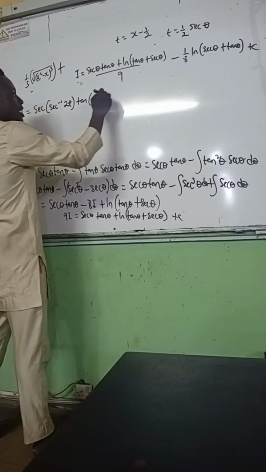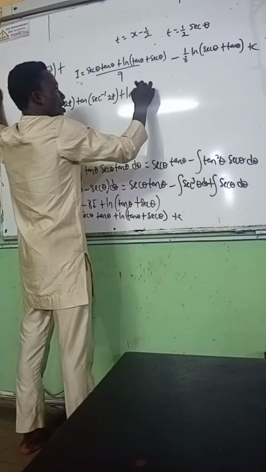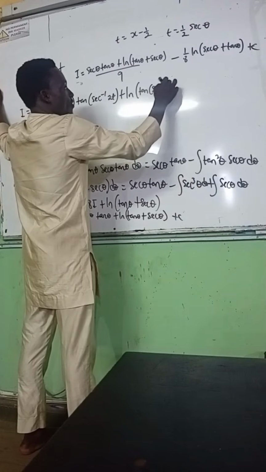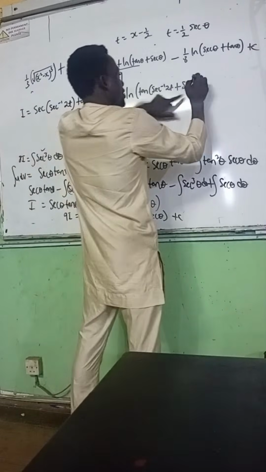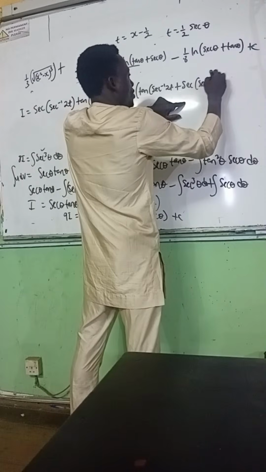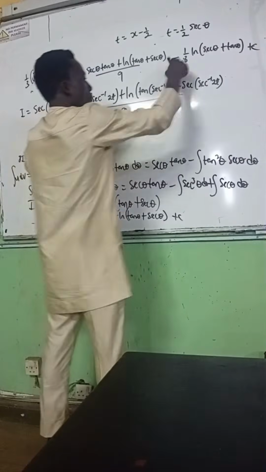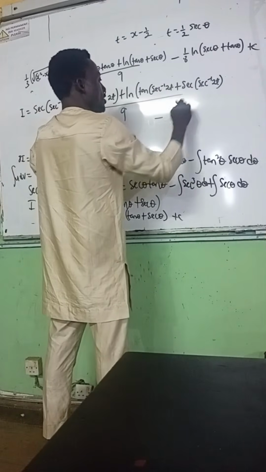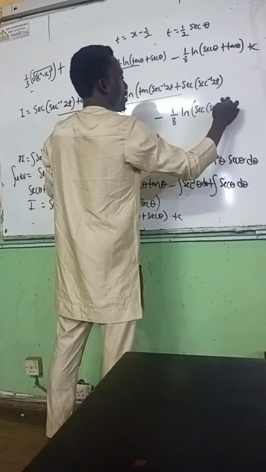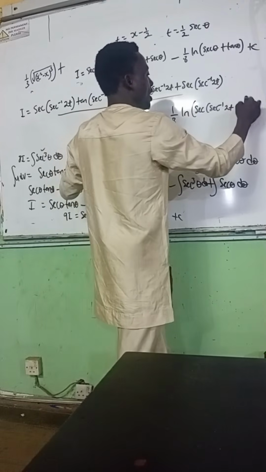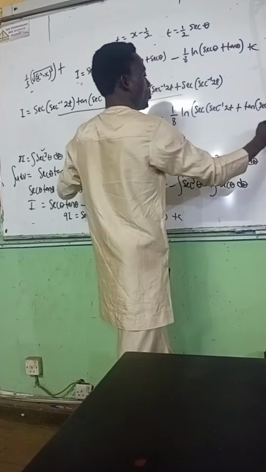Tan theta, where theta is sec inverse of 2t, plus ln of tan of sec inverse of 2t plus sec theta, where theta is sec inverse of 2t, over 9 minus 1 over 8 ln of sec of sec inverse of 2t plus tan of sec inverse of 2t plus c.